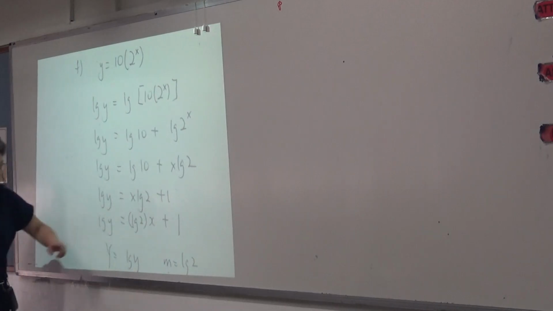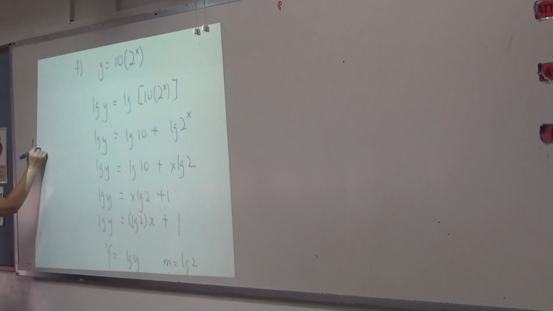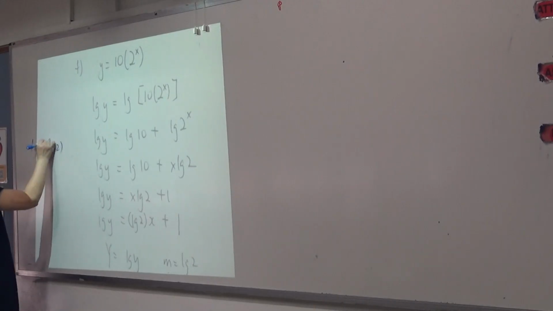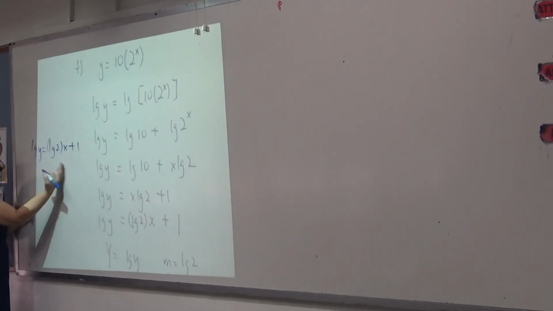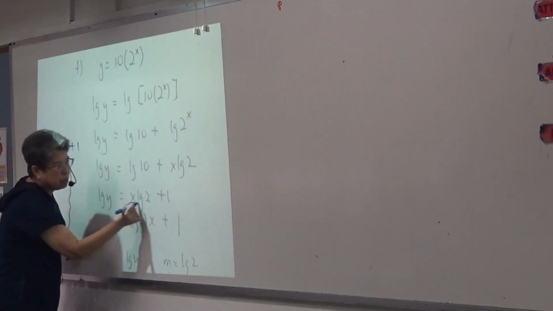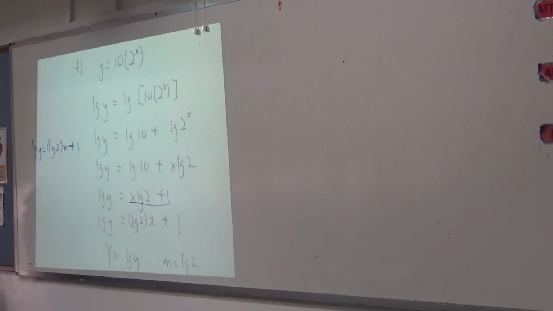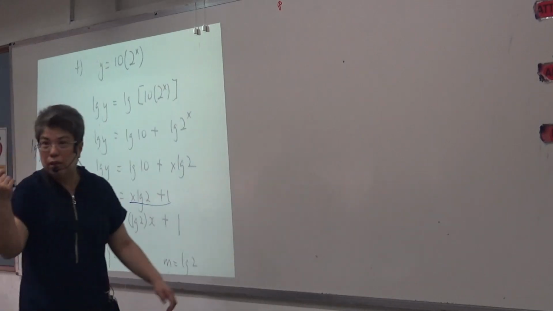Now, I always do this. Why do I want to write this way instead of this way? So that I know this is the gradient. Do you understand? You don't go and write like that, then you don't know what's happening. Understand? Log 2 is a number. When you key in the calculator, log 2 is a number.